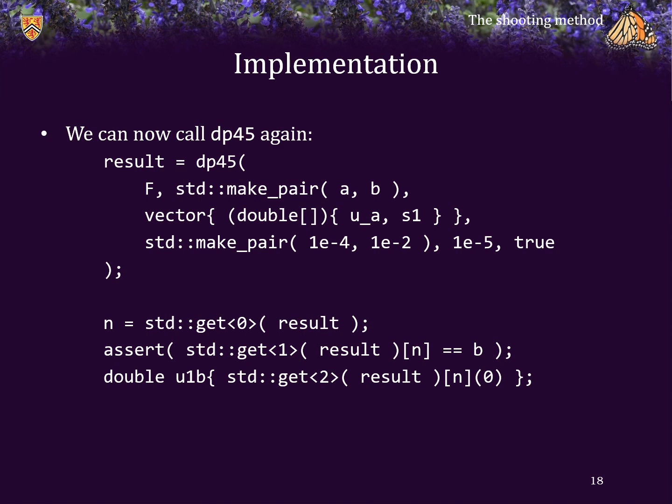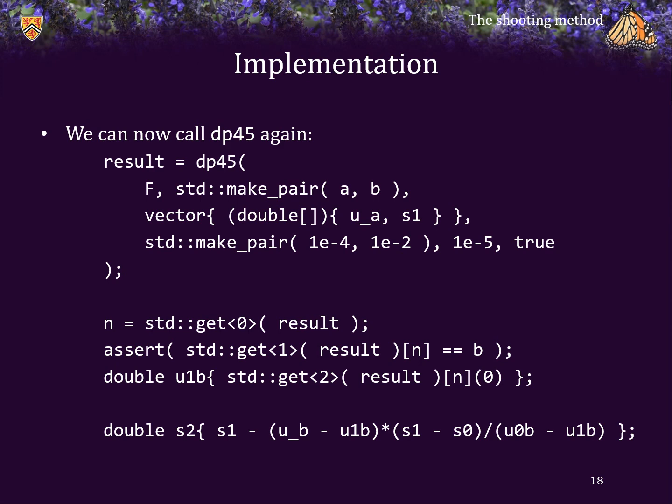We'll assign that to u1b. All right, so now we have two initial slopes, s0 and s1, and we have the value of the functions u0b and u1b.